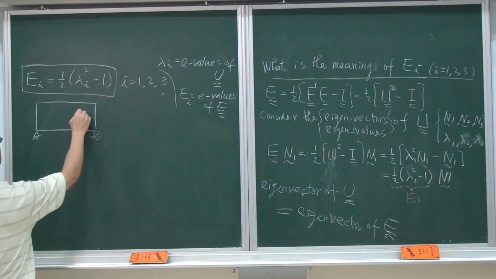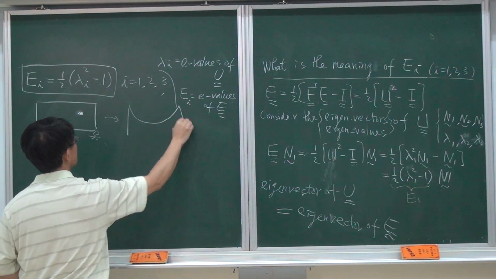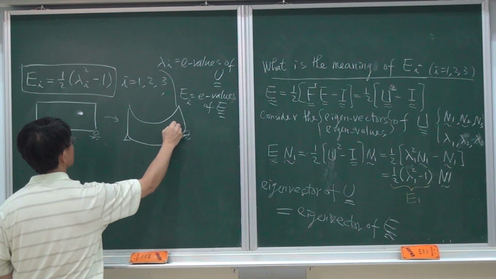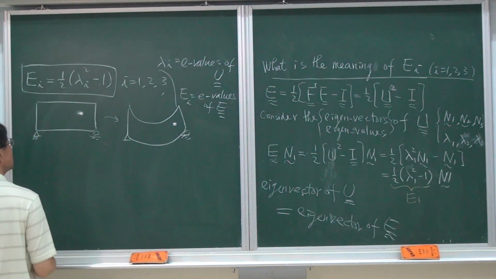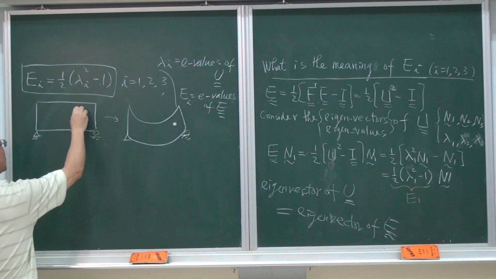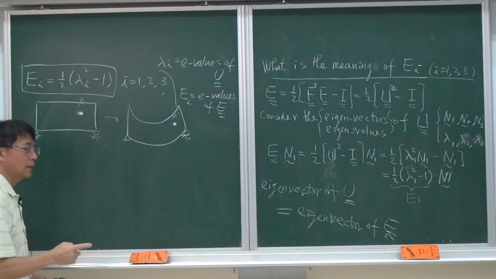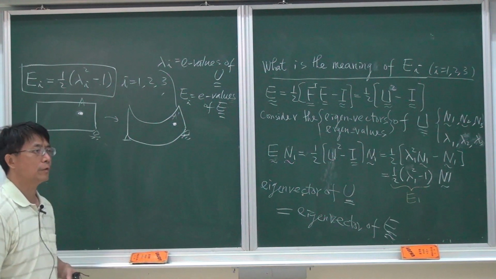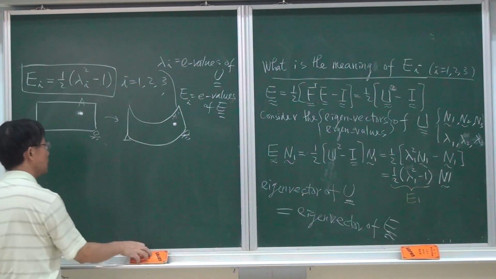We have a beam. We have a point, a material point here. It deformed. From here to here, okay, we go from one material point to another, A prime. Okay, we take a material point from a beam to the deformed configuration of the beam, so we have the same material point.